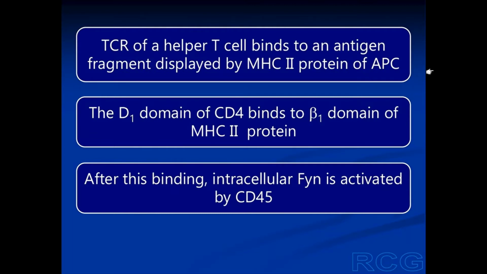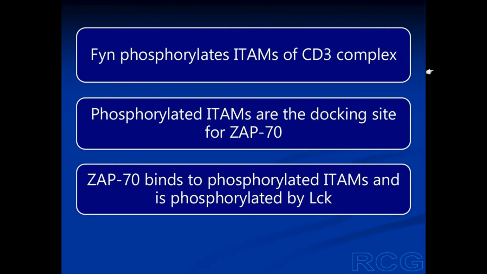After this binding, the intracellular FYN is activated by the CD45, and FYN phosphorylates the ITAMs of the CD3 complex, and the phosphorylated ITAMs are docking sites for ZAP70. This ZAP70 binds to the phosphorylated ITAMs and is phosphorylated by the LCK.